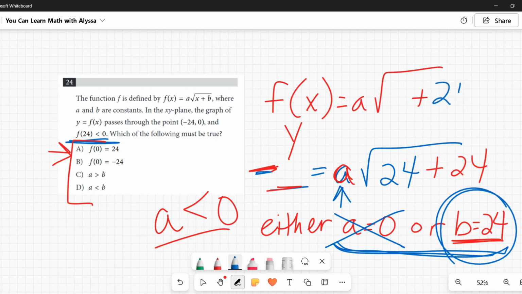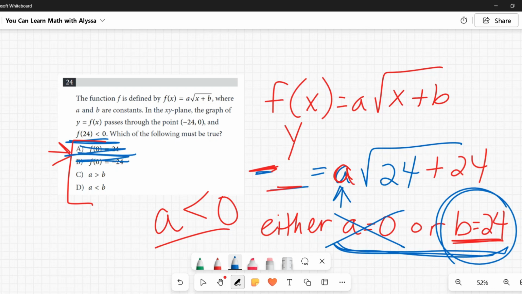If I plug in 0 for x, because we've discovered that b is 24, I can't say it must be 24 or negative 24, because I don't know what a is. They could be true, but I don't know that. All right, both of those are out.